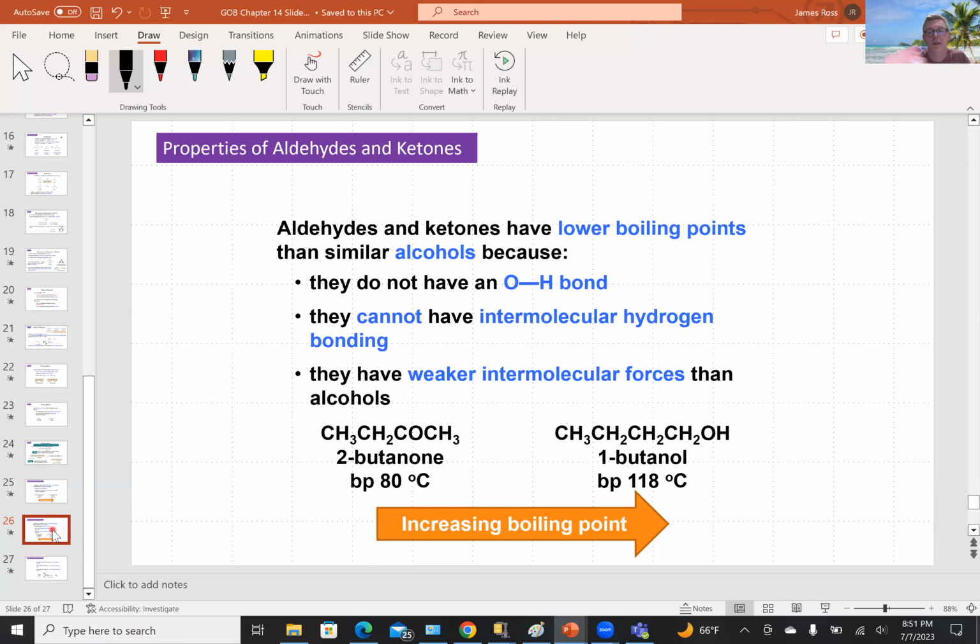Ketones likewise can form dipole-dipole forces, but they cannot form hydrogen bonds, again, because the carbonyl doesn't directly have a hydrogen bonded to the oxygen. So no hydrogen bonding.